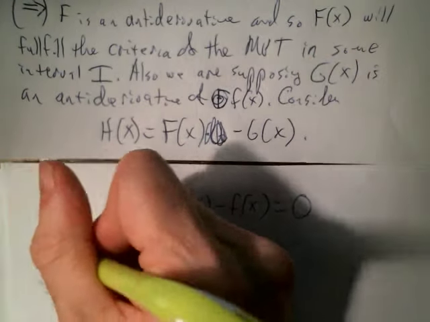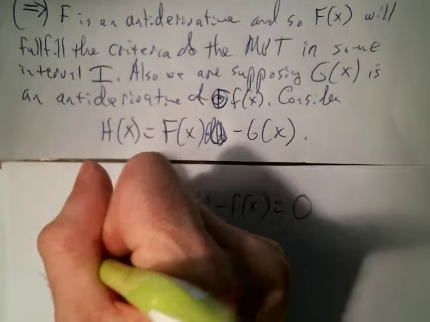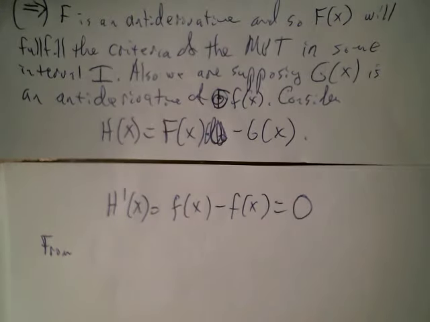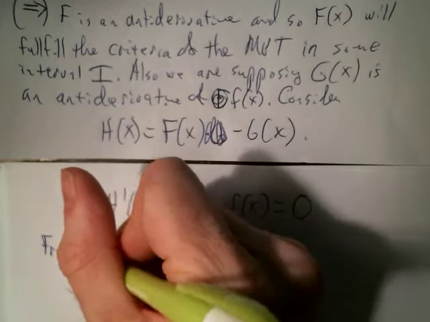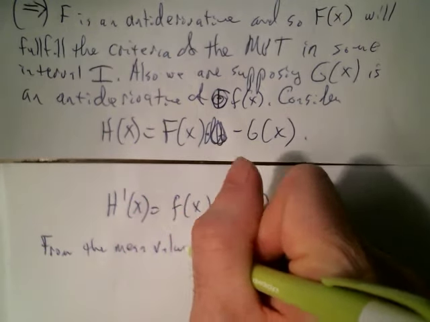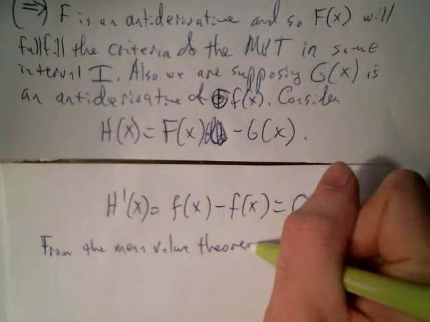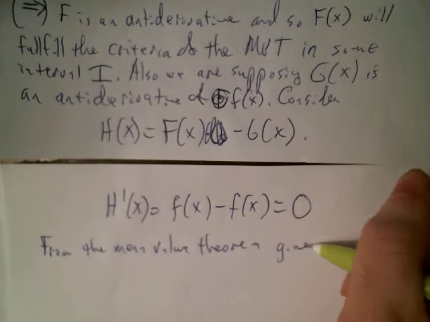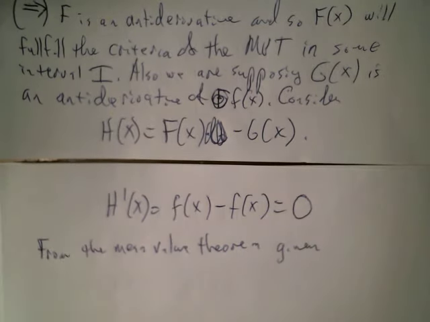Okay, so from the mean value theorem, we'll pick any two arbitrary points in this interval. Let's say, let's see what variable I use in my notes.